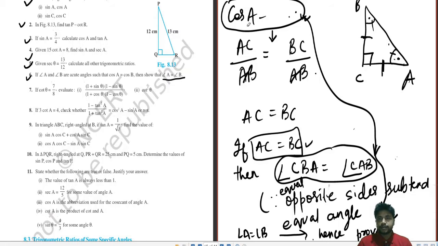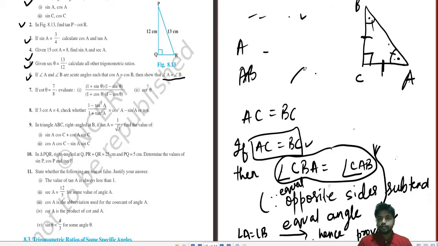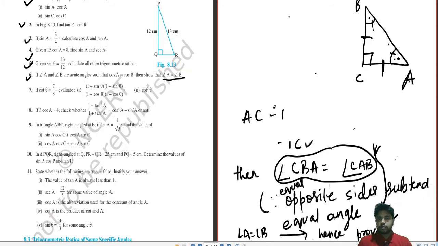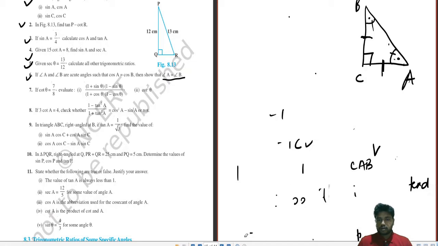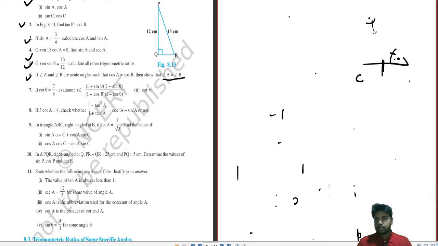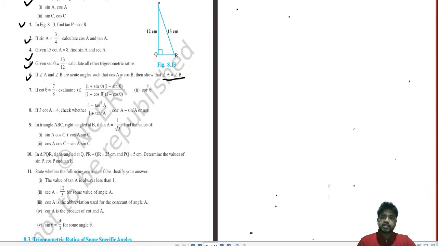Question number 7. Look here. Cot theta is given as 7 by 8.